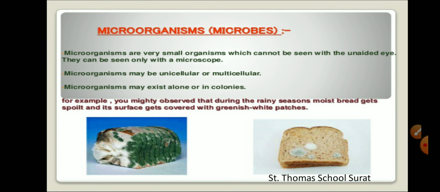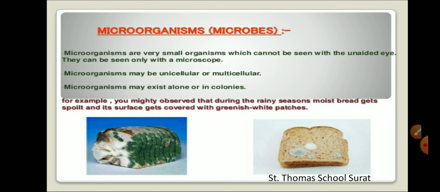Then adjust the focus of the eyepiece and objective lenses. So view the slide through the eyepiece. From the eyepiece you can see what that slide is trying to show us. Okay, so these are the uses of the microscope.